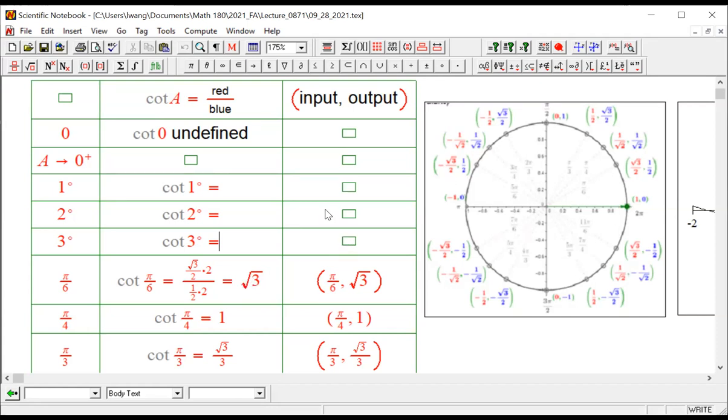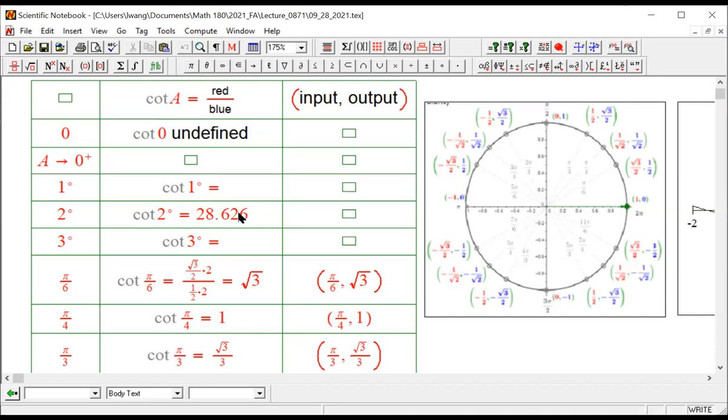Cotangent 2 degrees is 28. Thank you. 28.626, cotangent of 1 degree. That's okay. Let him do whatever he wants to. So what's the cotangent of 3 degrees?